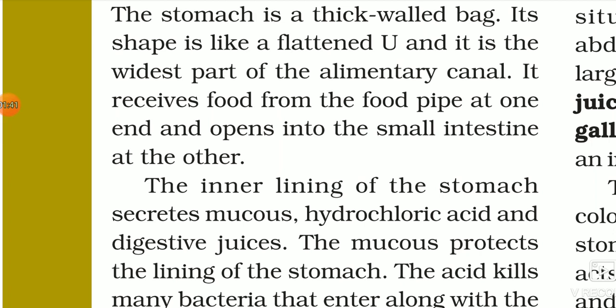Carbohydrate gets converted to sugars, fat gets converted to glycerol and fatty acids, and protein gets converted to amino acids. These are the simpler forms of the complex food which we eat, right?